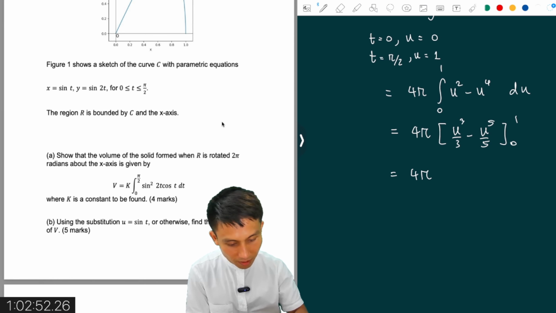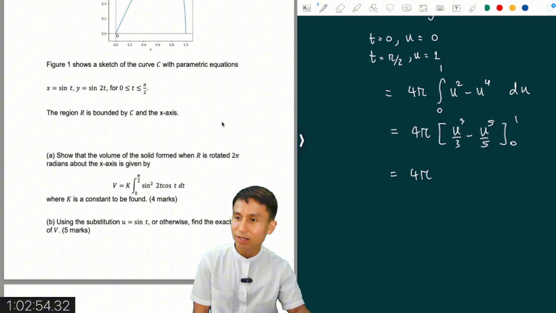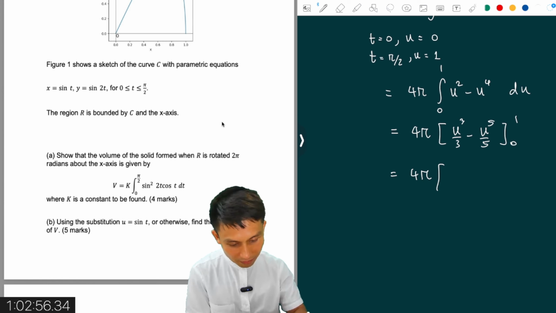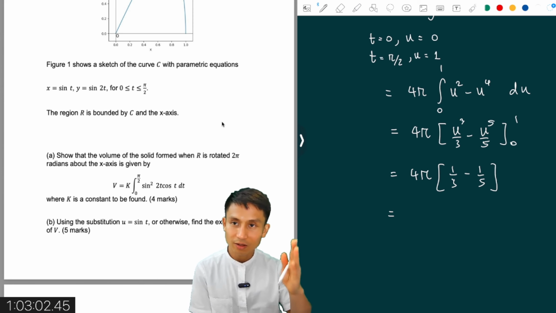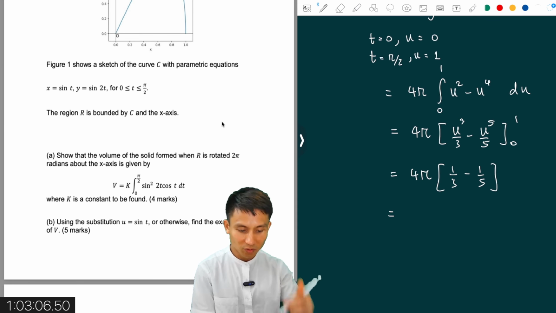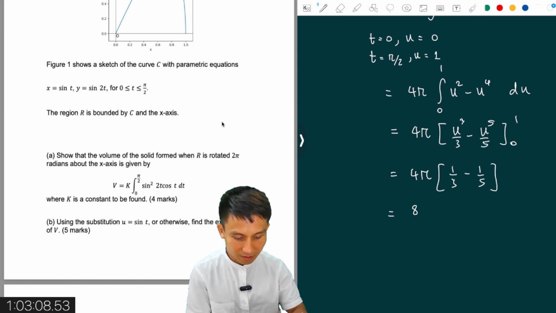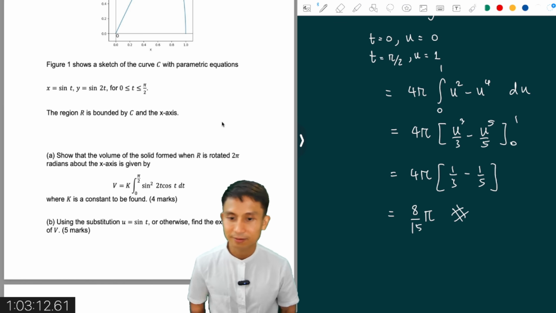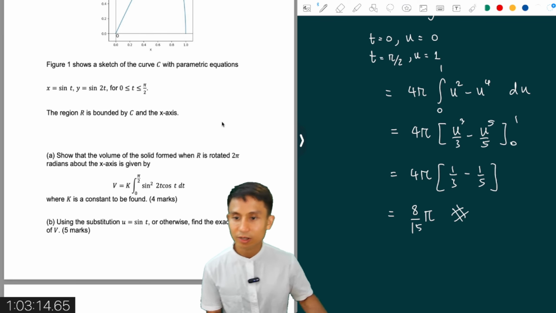So you get 4 pi. Well, sub 0 in, everything goes away. So we just have subbing 1 in. We have 1 over 3 minus 1 over 5. In the brackets, you have 5 minus 3 over 15, which is 2 over 15. So that's 8 over 15 pi. That's just the answer there. Okay, not too bad.